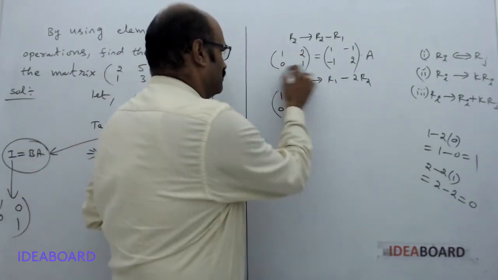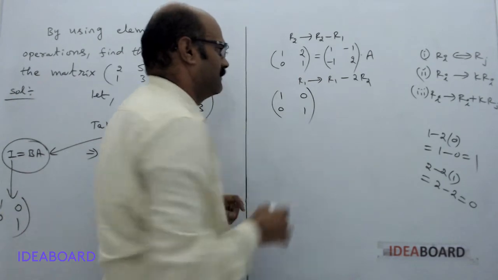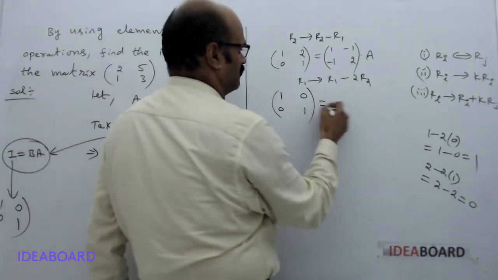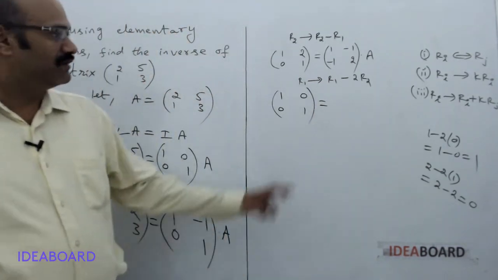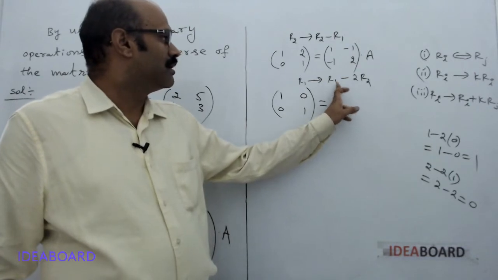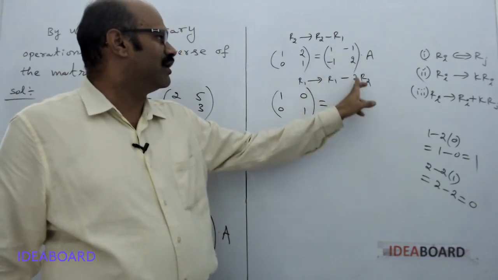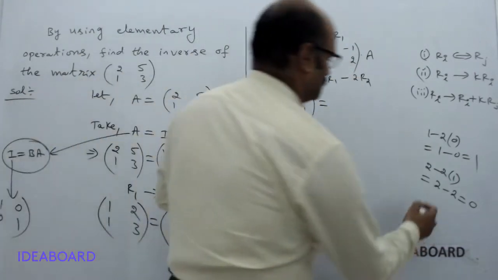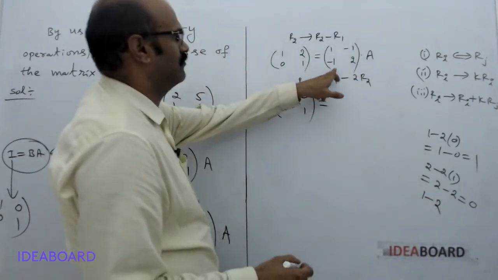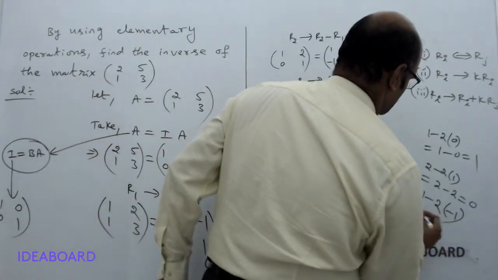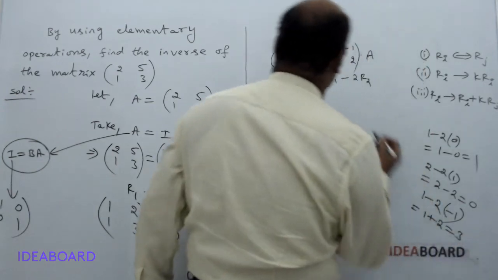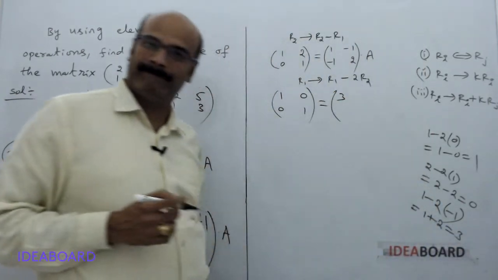Next 0. R2 no change, 1, equal to R1 minus 2 into R2. 1 minus 2 into minus 1, so 1 plus 2 equals 3. So here 3.